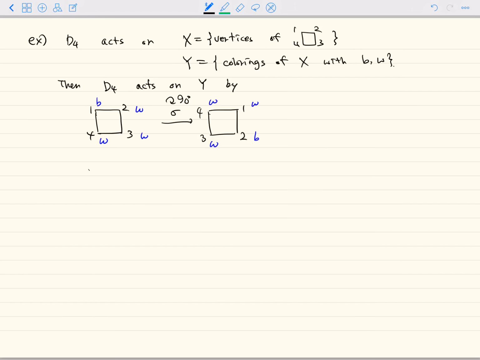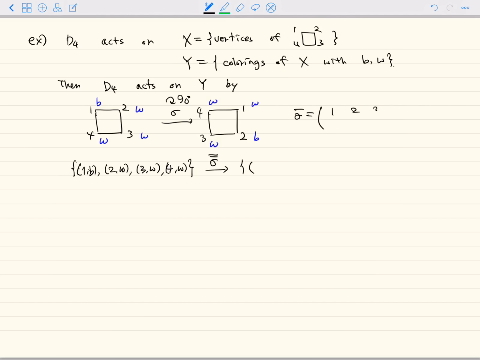So here the coloring is 1, B, 2, W, 3, W, 4, W, and it moves by sigma double bar. What is sigma bar?